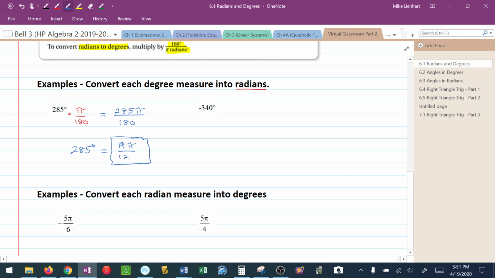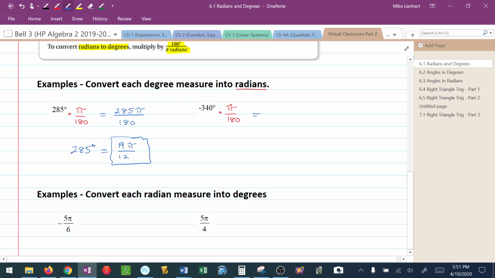What about a negative angle? Now we're going to be talking about these in the next couple of lessons. But what if we have a negative angle? Well, negative angles do exist. In order to convert a negative degree into radians, we still just multiply by pi over 180.